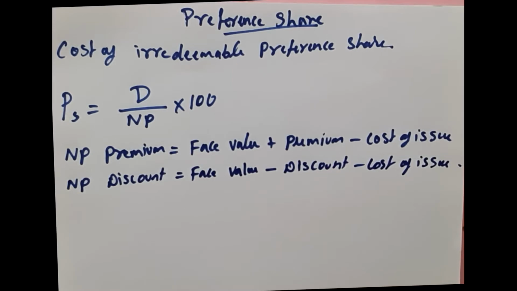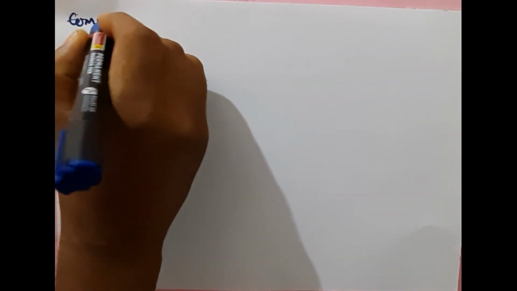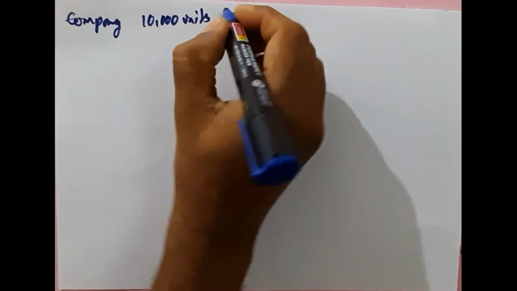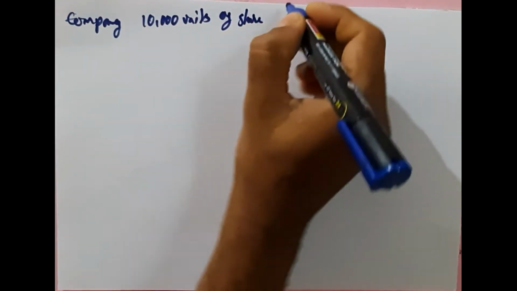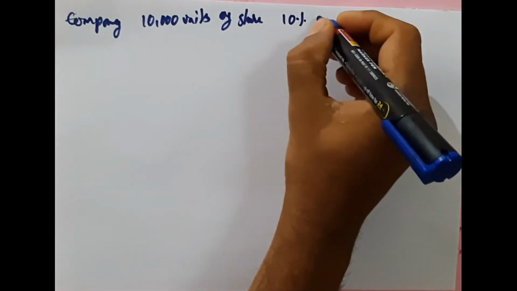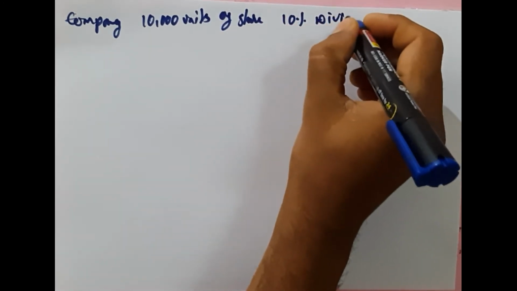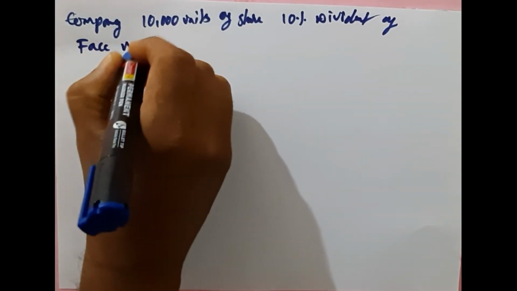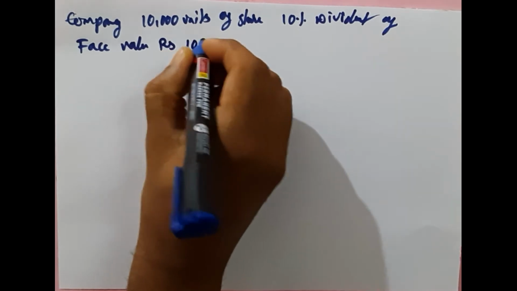Okay, let's take an example. The company has issued 10,000 10% preference shares of 100 each. That means the company has issued 10,000 units of share, with a 10% dividend, of face value or rupees 100.